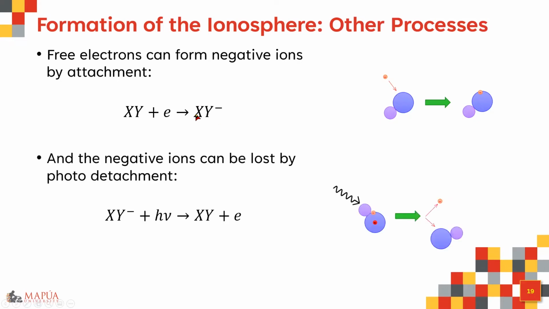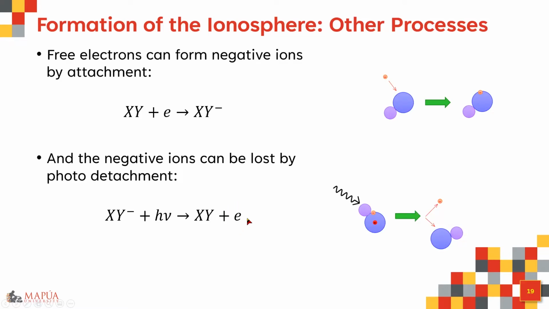And then these negatively charged ions can also be lost by photodetachment. So for example, if a negatively charged ion like this one is hit by ionization energy, that excess electron can be ejected, therefore going back to its original neutral form and freeing that extra electron.